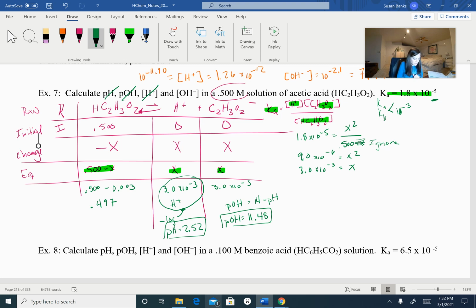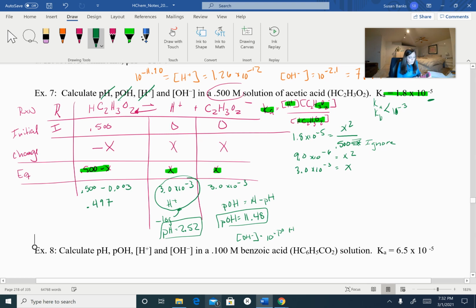Now the last thing I've got to do is just get the hydroxide. And to do the hydroxide, I'm just going to do 10 to the negative pOH. Okay, and I'm going to use the whole thing that my calculator gave me. I'm not going to round it.